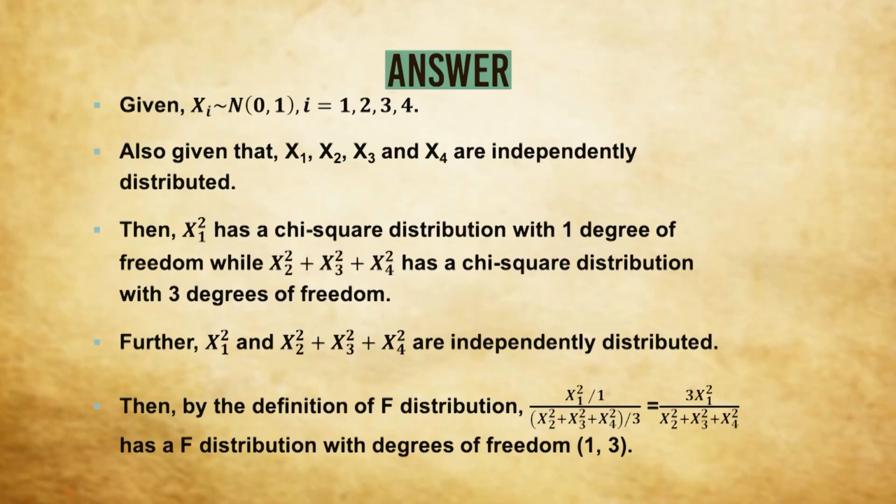Now we take X1 square by 1 divided by, in the denominator, (X2 square plus X3 square plus X4 square) by 3. So that means we have a chi-square distribution with 1 degree of freedom divided by 1 in the numerator, and in the denominator we have chi-square with 3 degrees of freedom divided by 3. So this will follow an F distribution with degrees of freedom 1, 3. So these are some of the applications of F distribution.